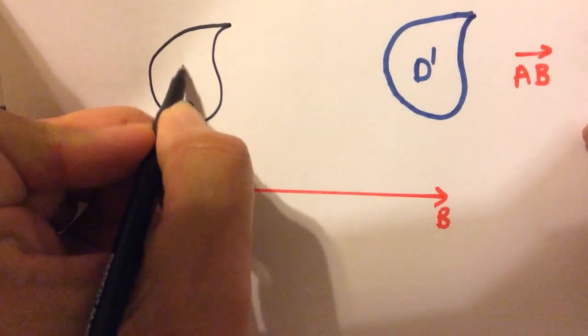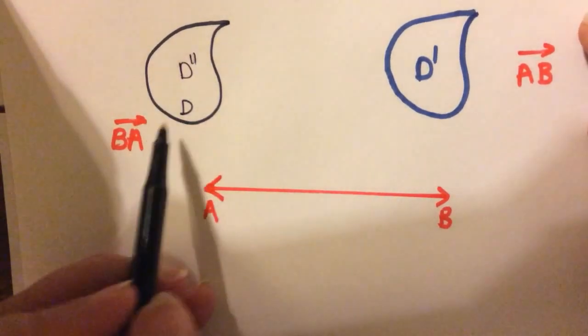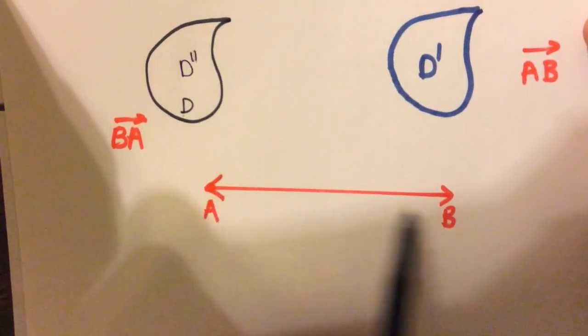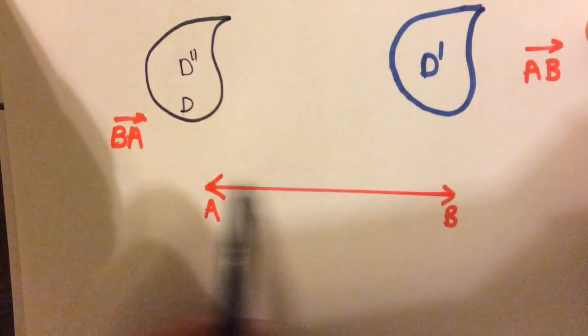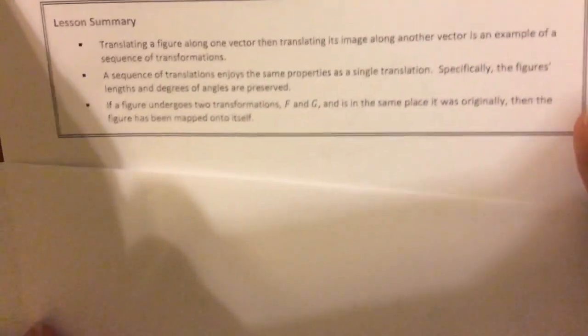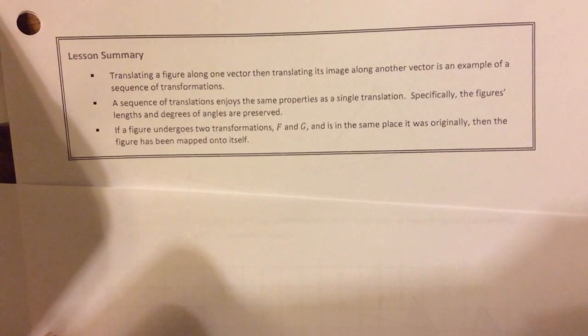Actually we should have labeled this D double prime, which is the same as the original figure, because we went from A to B and then we went B to A, and it took us right back. The language we use for that is that the figure has been mapped onto itself.